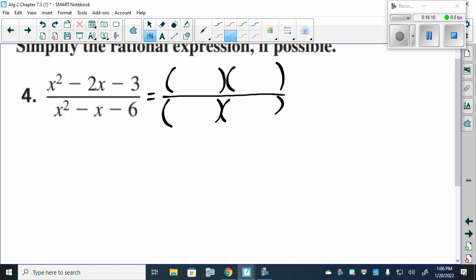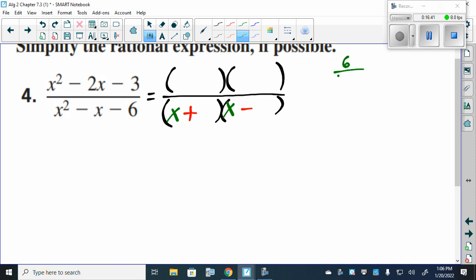Denominator, so we have x squared minus x minus 6. Since our third term is negative, it means the signs are opposite. One's going to be positive and one's going to be negative. Now we look at the factors of x squared and 6. Well, the factors of x squared are x and x.